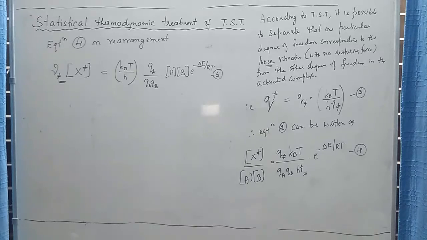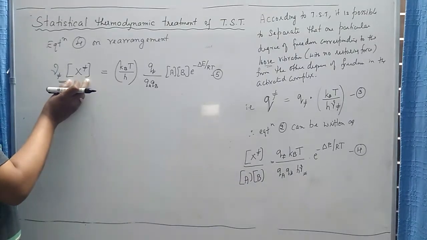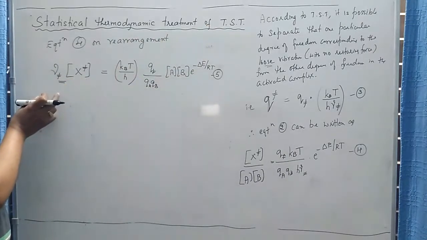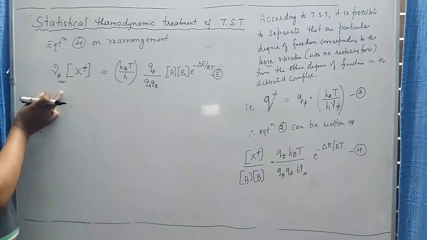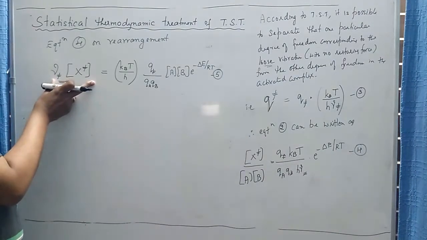I already told you, the rate of the reaction according to transition state theory is directly proportional to the concentration of the activated complex. So here you have the concentration of the activated complex, which is directly proportional to rate, and also you have the frequency corresponding to the loose vibration, which is also a factor that decides the rate of the reaction. So both factors are directly proportional to the rate.